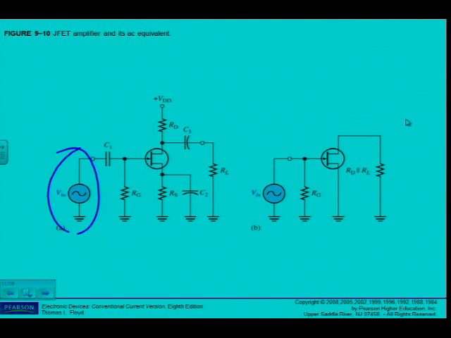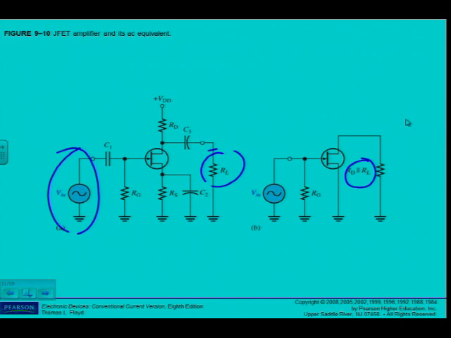Input signal there connected, but also a load resistor. So what do I have to do? I have to calculate RD in parallel with RL. That is going to be my load. Alright, so the effect of RL is to reduce the unloaded voltage gain.